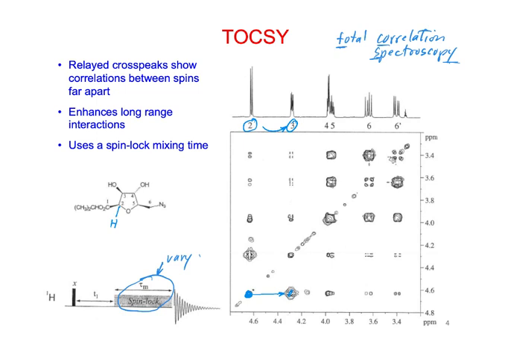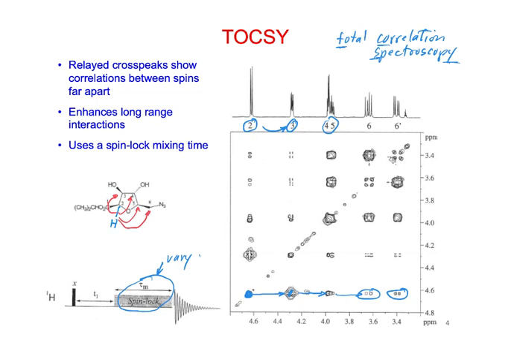In a normal COSY, we would expect that. But in fact, this one also goes to either H4 or H4 and H5. And if we go even further, it goes to both of the H6 protons. So in fact, we're seeing kind of coupling from H2 to H3 to H4 to H5 to H6.